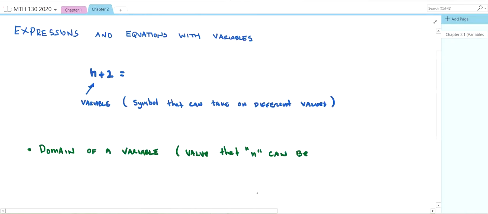So the domain of our expression is the value that n can be. And maybe I want to be a little more specific here, and say domain of an expression or equation.